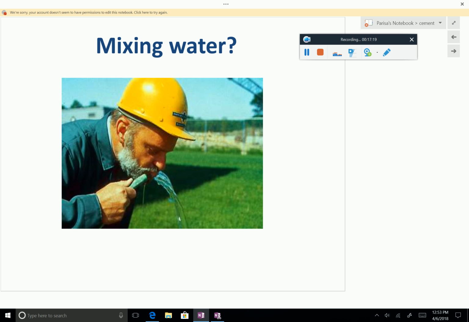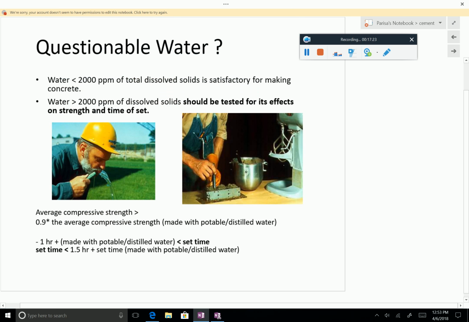And finally, the water that you use to mix concrete, it's important that it passes some minimum requirements. If the total dissolved solids are less than 2000 ppm, everything is okay. If it is more, you need to test to make sure that this water is good enough as mix water.